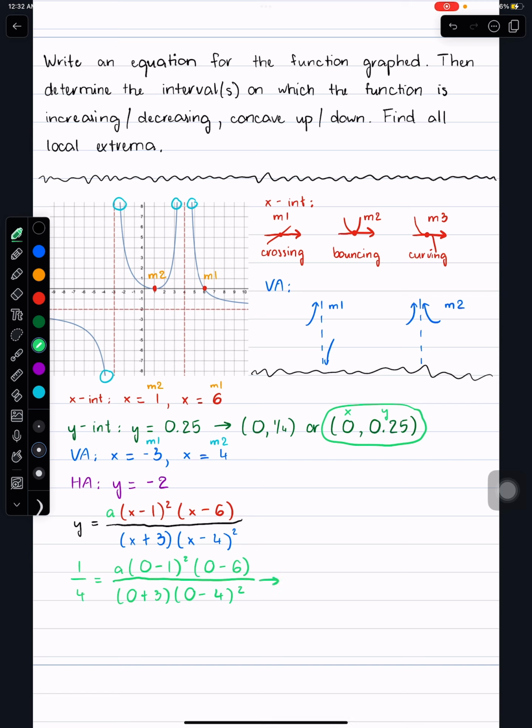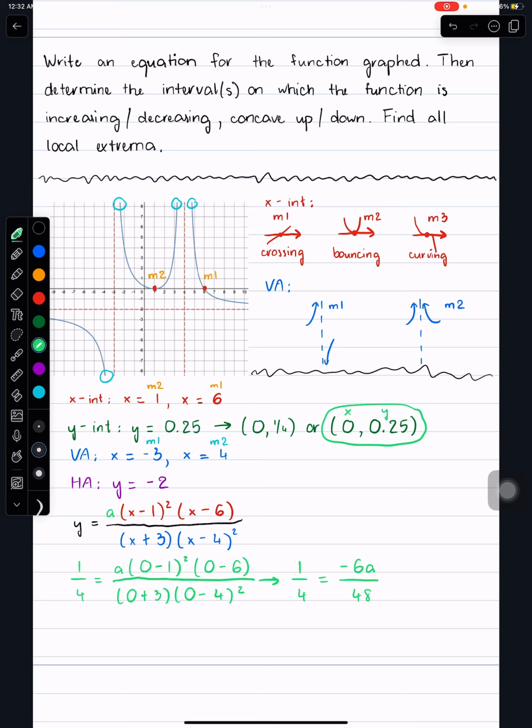And then do it out. On the left hand side, we're still gonna get a fourth. On the right hand side, on top in here, you're gonna get 1 times -6, which is -6a. On the bottom in here, you're gonna get 3 times 4 squared would be 16. So 3 times 16, you're gonna get 48.